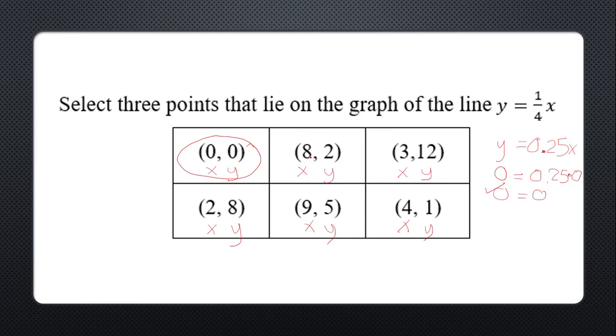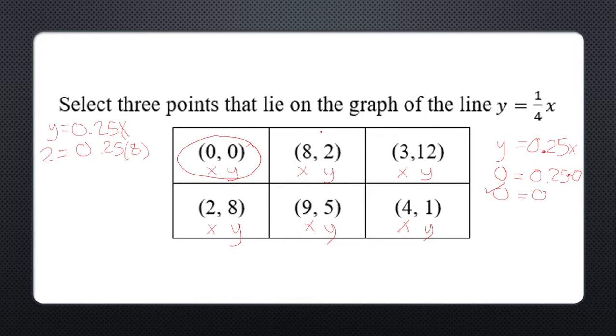All right, and then if I have 8 and 2, again, I'm going to use my equation, y equals 0.25 times x, right, times x. So if I have 8 and 2, then I'm going to say, does 0.25 times 8 equal 2?